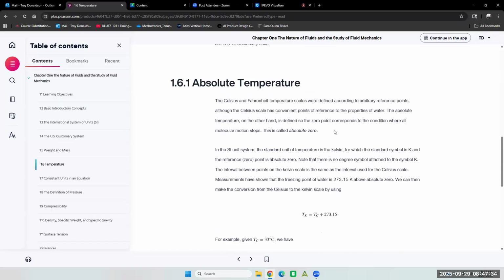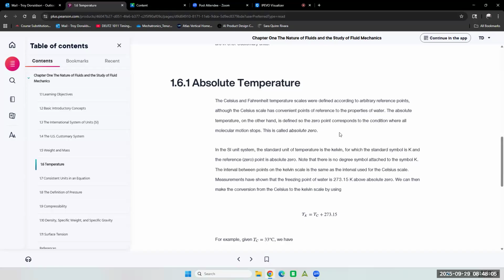The other two scales we have are these absolute scales. These we'll use when we get deeper into fluid mechanics and we start talking about increased pressures, high pressures, and temperatures associated with those high pressures. So that's where the Kelvin and the Rankine temperature scales come in. These are called the absolute scales, and they start at 0.